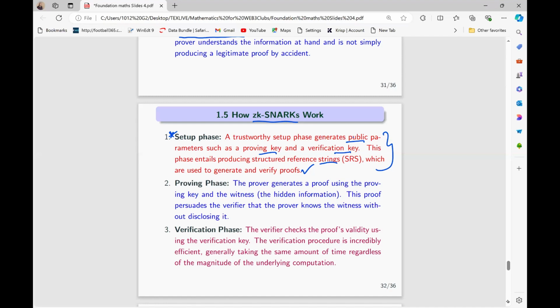That the prover knows the hidden information without disclosing it. So the proof is supposed to persuade or convince the verifier. And remember, it's just one proof.